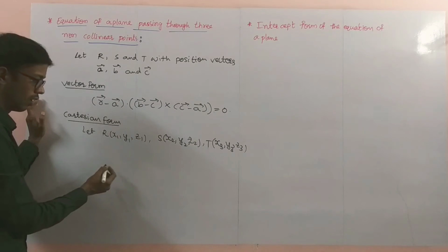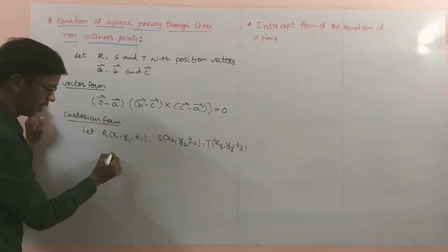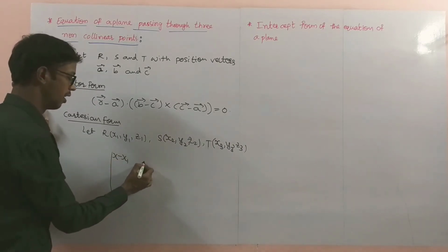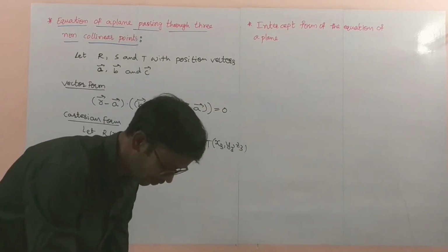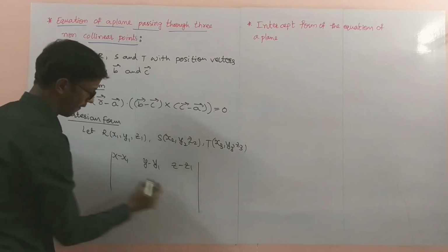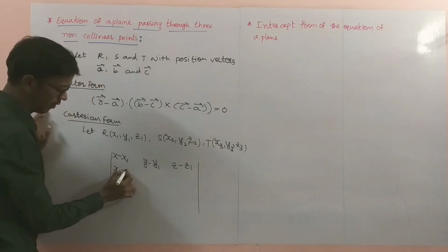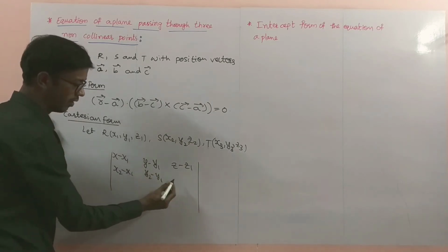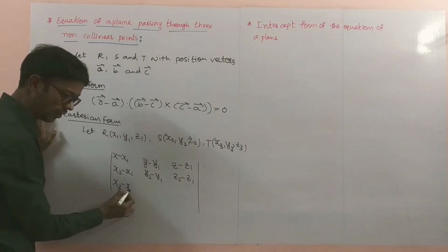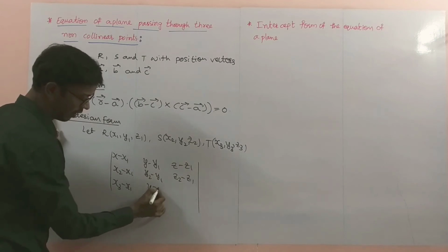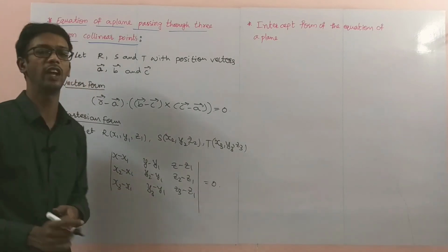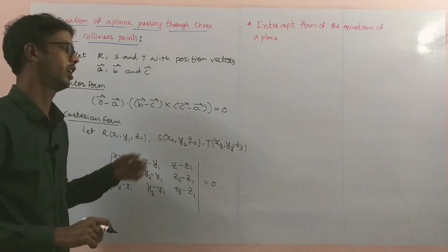So now the Cartesian form of a plane equation passing through these 3 points is the determinant with rows x minus x1, y minus y1, z minus z1; x2 minus x1, y2 minus y1, z2 minus z1; x3 minus x1, y3 minus y1, z3 minus z1, equal to 0. If you simplify, you will get the plane equation passing through the 3 given points.